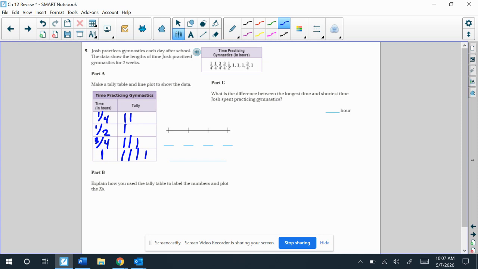Now we need to create our tally table and our line plot. Here we go. I'm going to use this title, Time Practicing Gymnastics.